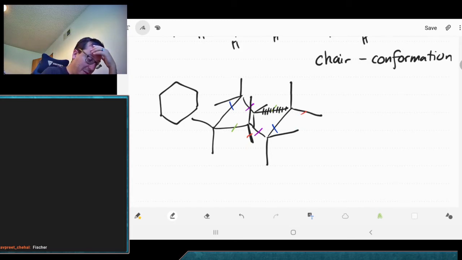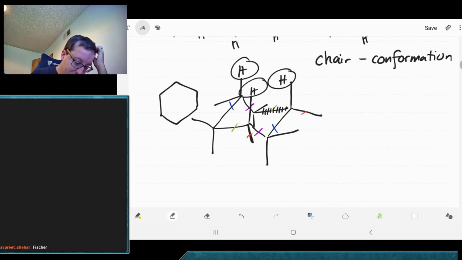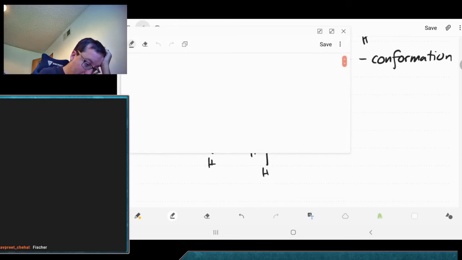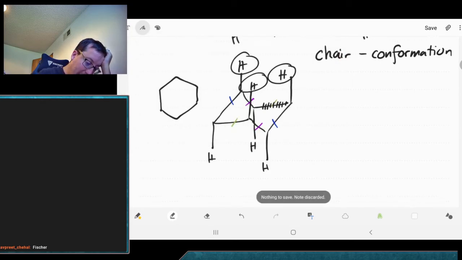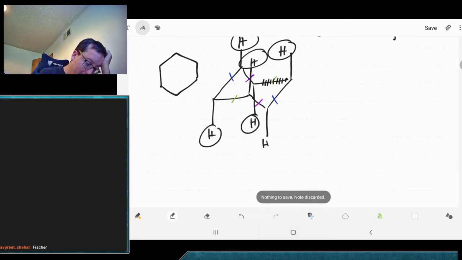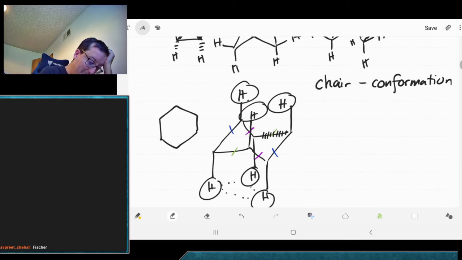So with these, what's important that we look at though is these ones that are pointing up and down. In any chair cyclohexane, I'm going to get rid of everything that's not pointing up and down right now. When we're assessing the stability of them, we see that these things that are pointing straight up are going to bonk into each other.